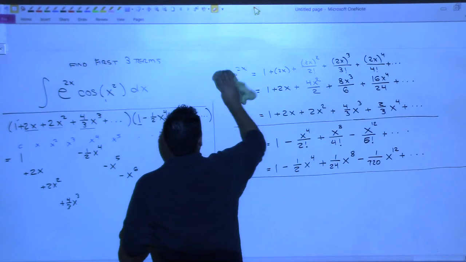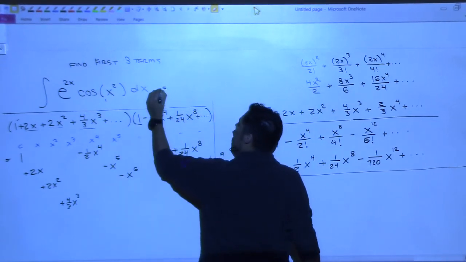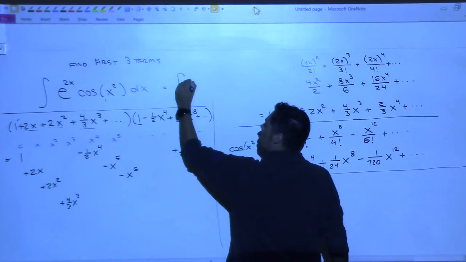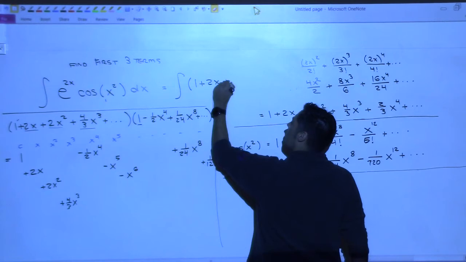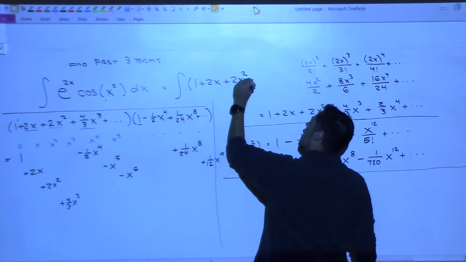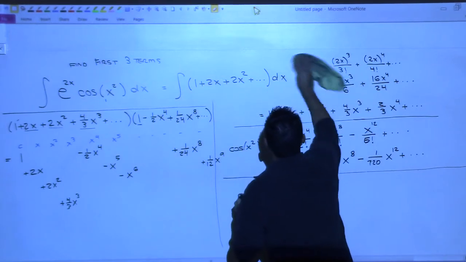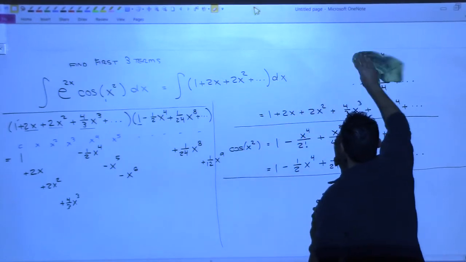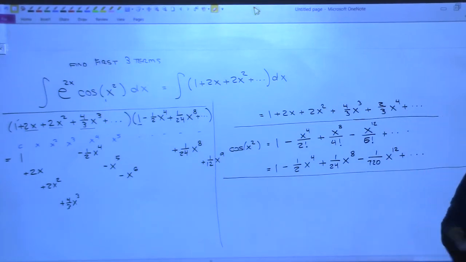We're ready to integrate this now. So the antiderivative of this would be the antiderivative of 1 plus 2x plus 2x squared plus dot dot dot dx. Y'all okay with that? See, I'm only doing the first three terms. I'm really lucky here.